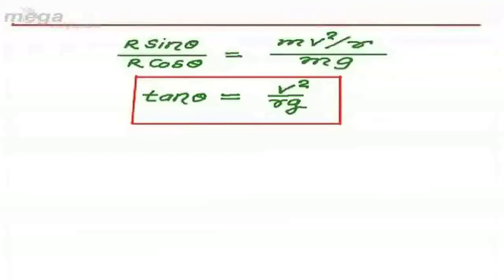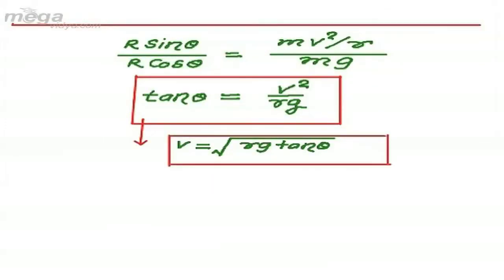If we know the banking angle and radius of curvature of the path, then by using this formula in this form, v equals the square root of rg tan theta.